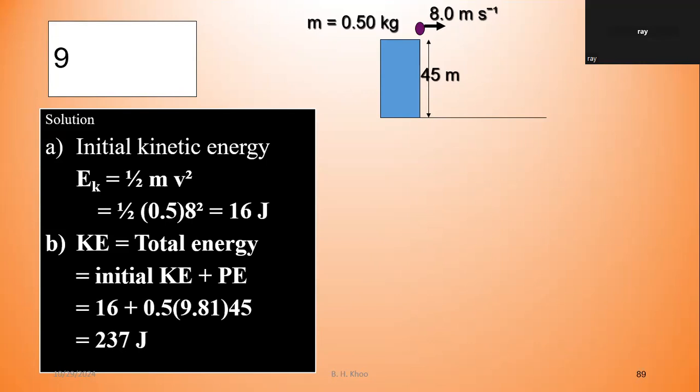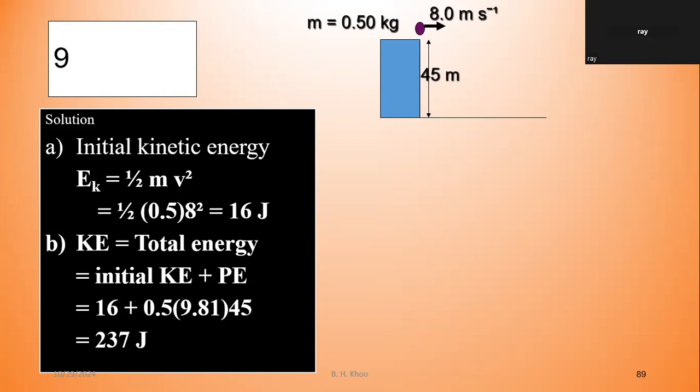So like 221. mgh is 221, then plus 16 again. Okay, we get 237.